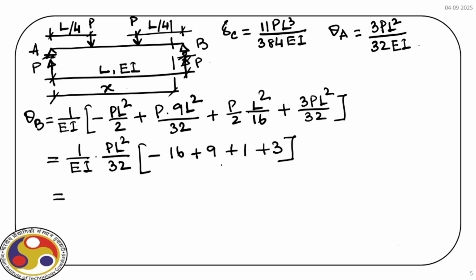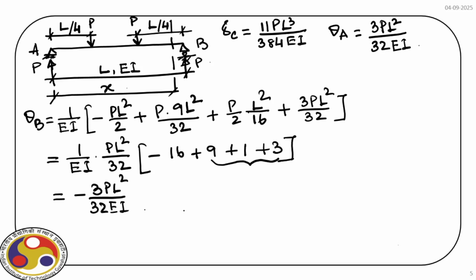So effectively we have 9 plus 1 plus 3, that is 13, plus 13 minus 16, so minus 3 PL square divided by 32 EI.